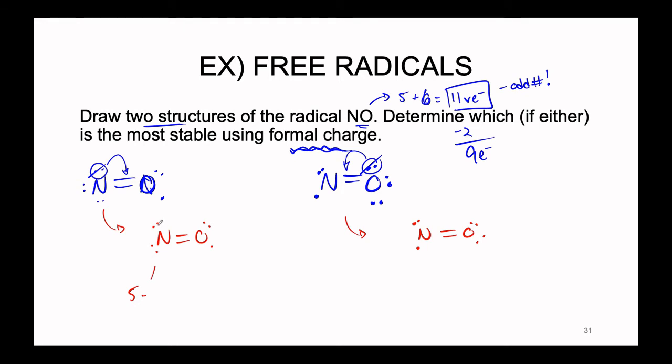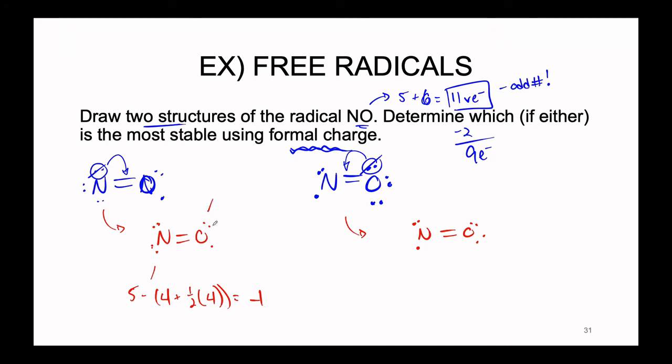There are 1, 2, 3, 4 lone pair electrons, and we're going to add that to 1/2 of the bonding electrons, which is a total of 2, 4. This gives our nitrogen a total of a -1 charge, right? We're taking 5 and we're subtracting out a total of 6 in here algebraically. This gives us a total of -1.